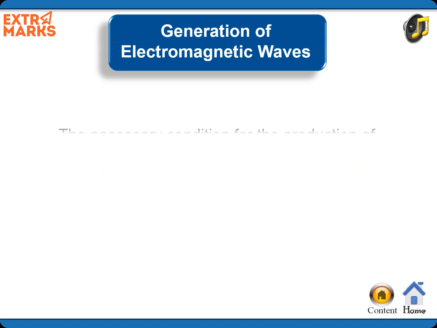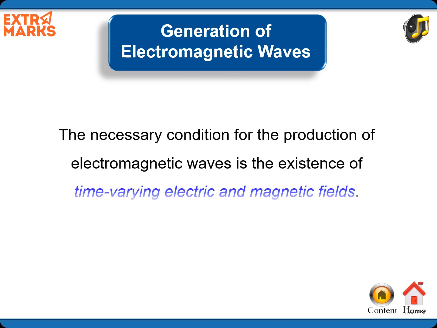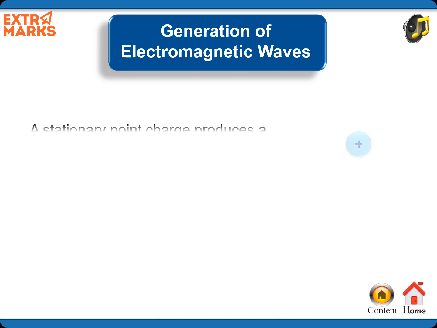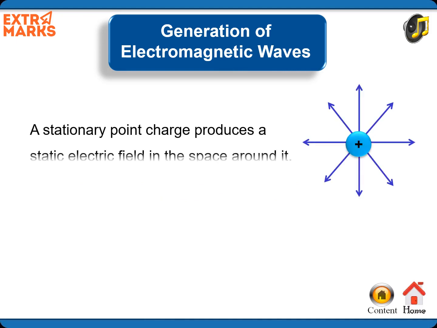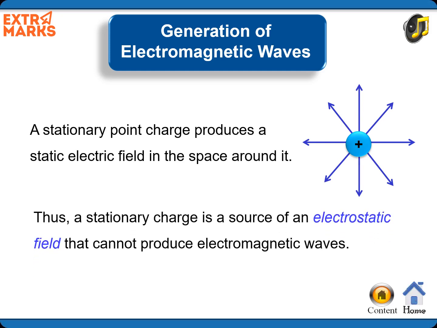The necessary condition for the production of electromagnetic waves is the existence of time-varying electric and magnetic fields. A stationary point charge produces a static electric field in the space around it. Thus, a stationary charge is a source of an electrostatic field that cannot produce electromagnetic waves.